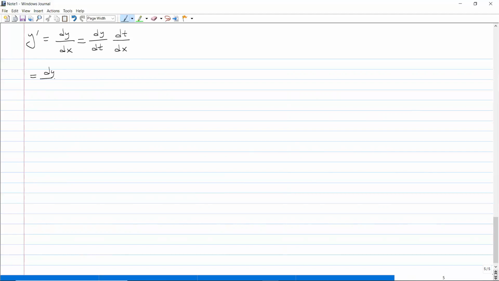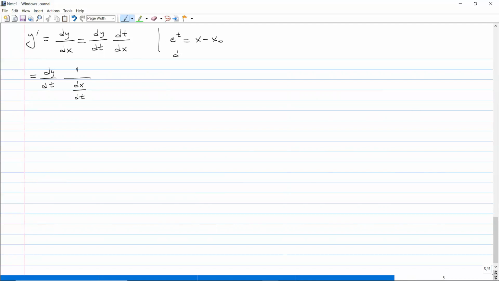So dy dt, and remember how to find the derivative of the inverse function. We just take the derivative of the inverse function and take its reciprocal. Remember, e to the t is x minus x0.